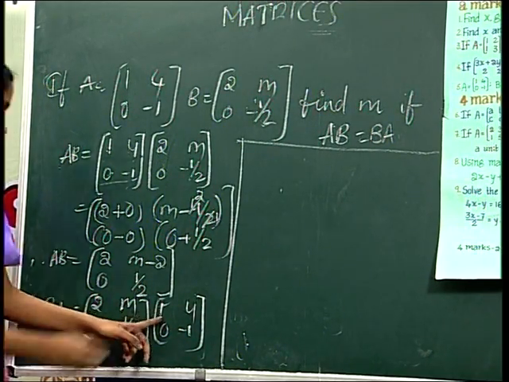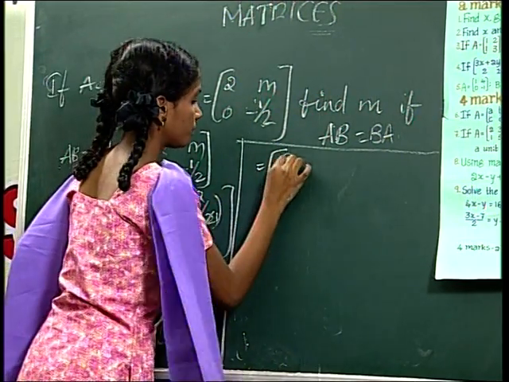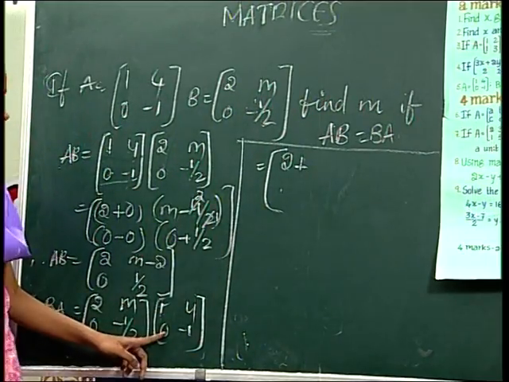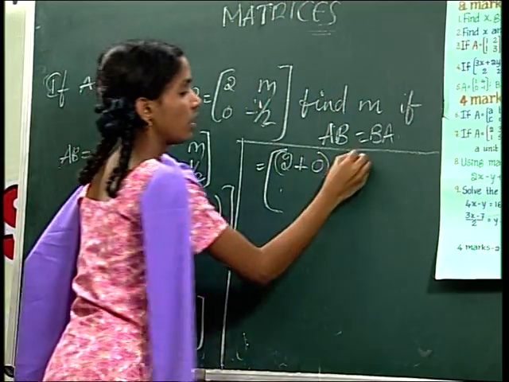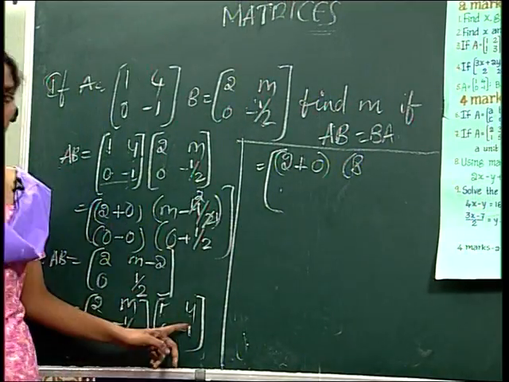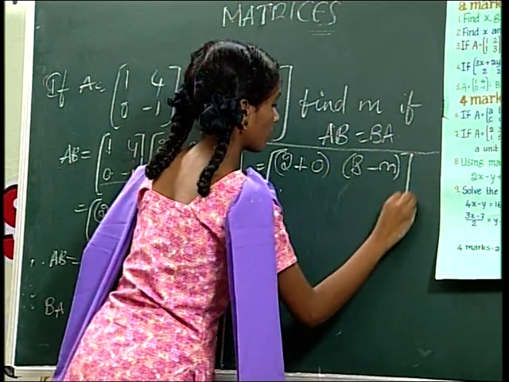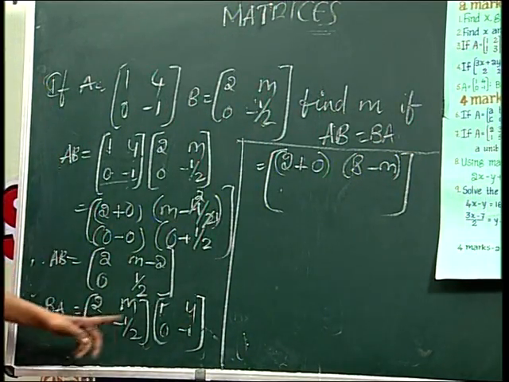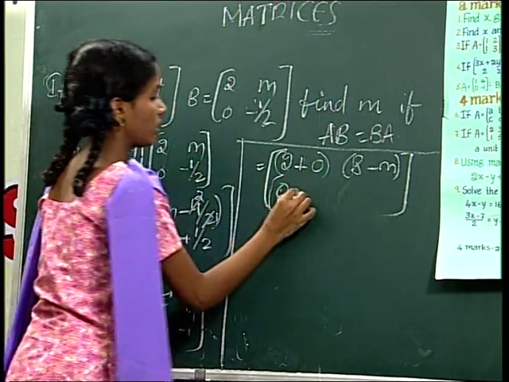See here, 2 into 1 is 2, plus m into 0 is 0. Next, 2 into 4 is 8, m into minus 1 is minus m. 0 into 1 is 0, minus half into 0 is minus 0.